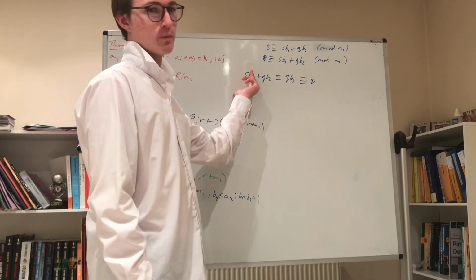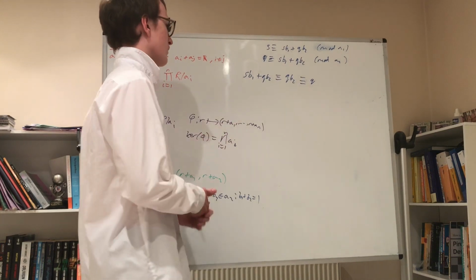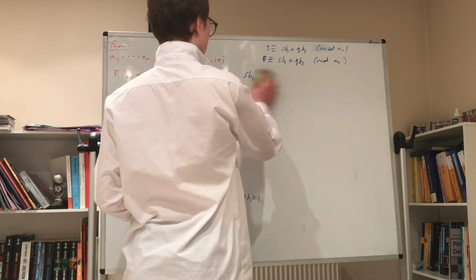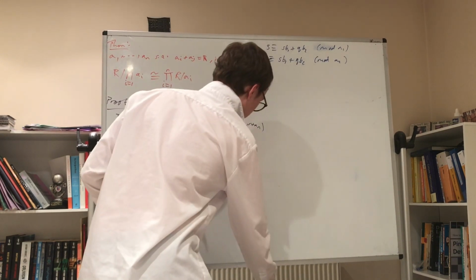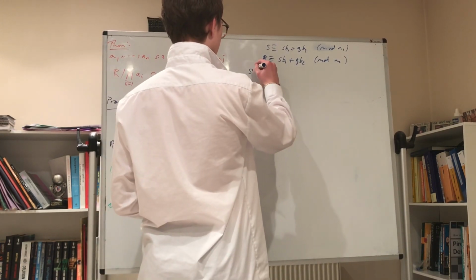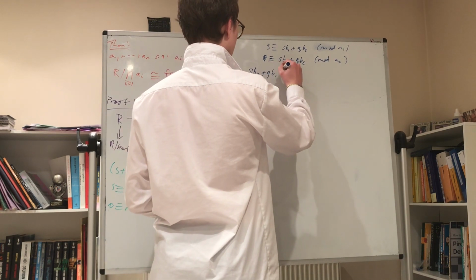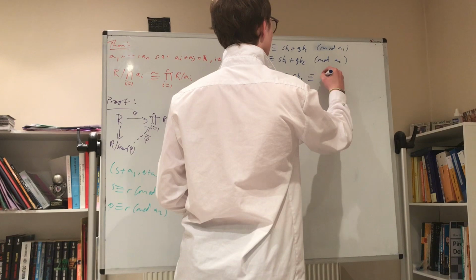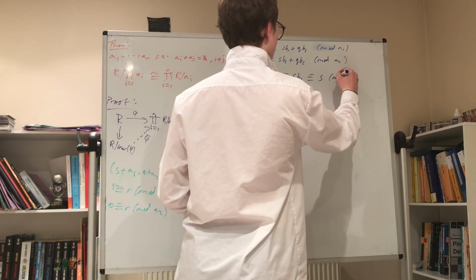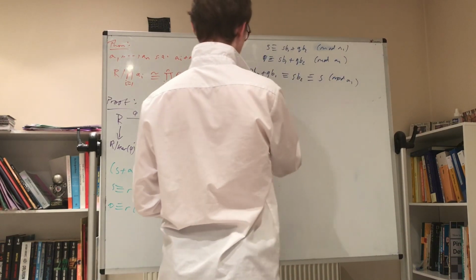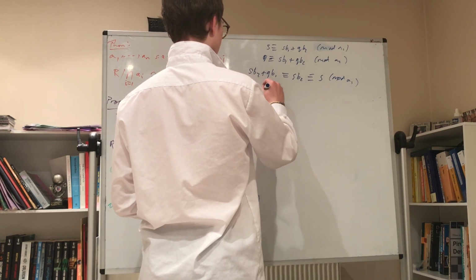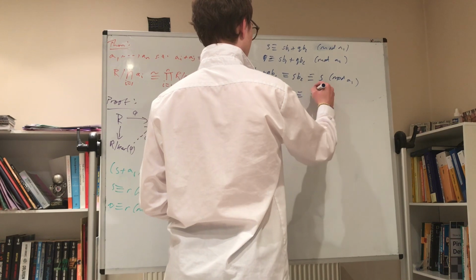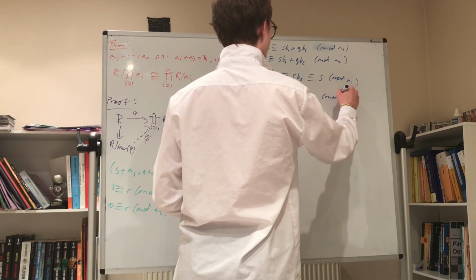Turns out it should just be SB2 plus QB1. And suddenly the solution works, because SB2 plus QB1 is equivalent to SB2, which is equivalent to S mod A1, and similarly SB2 plus QB1 is equivalent to QB1, which is equivalent to Q mod A2.